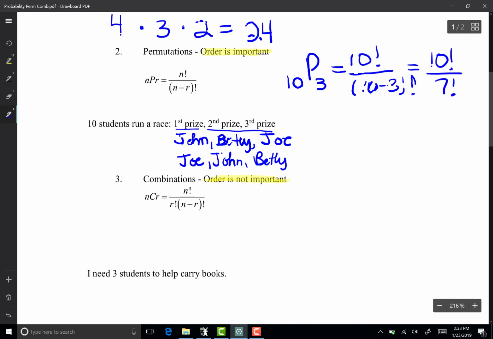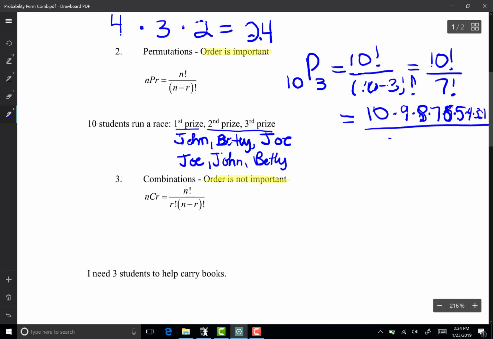So now you might be saying, okay, I have no idea what a factorial is. A factorial is where we take the number and we multiply it by every integer down to 1. So in this case, it would be 10 times 9 times 8 times 7, times 6 times 5 times 4 times 3 times 2 times 1.